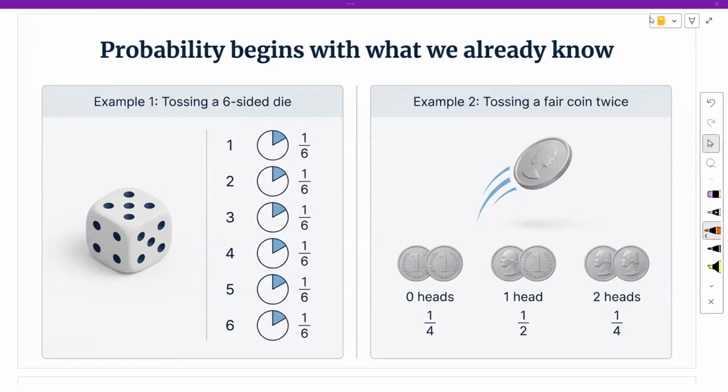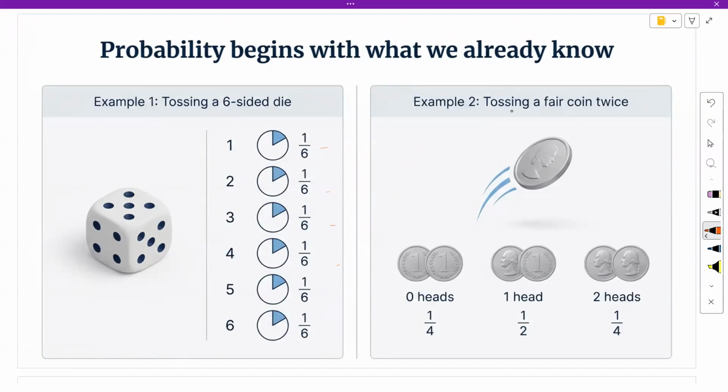Here, example 1 is tossing a 6-sided die. You know that a 6-faced die has 6 scores. When we throw it, each outcome has an equal chance, or equal probability. We already know, before we throw the dice, the probability of each score.